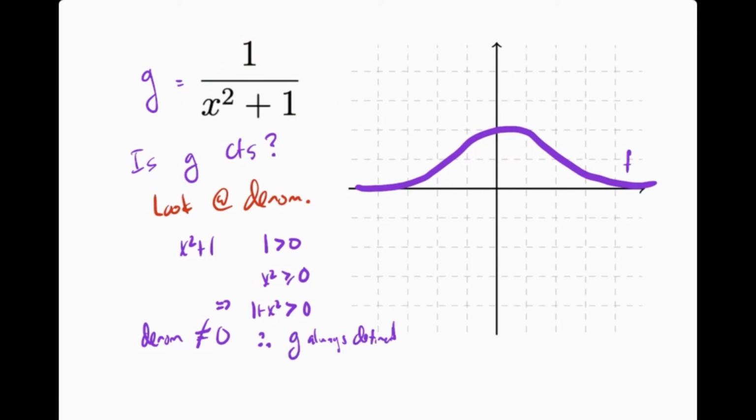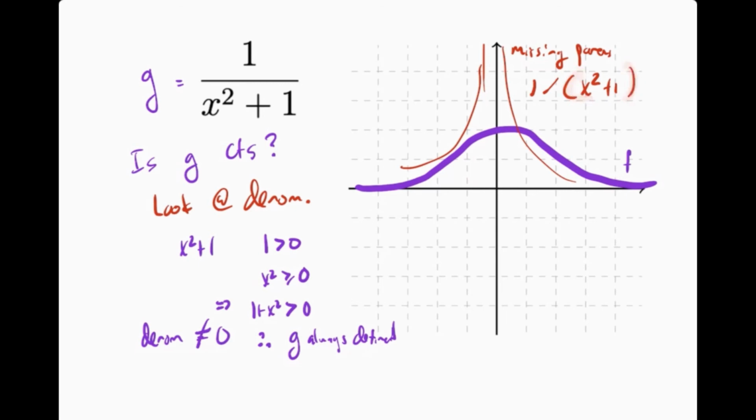If your plot looks like that, then you're incorrect and you're missing parentheses. So I want you to make sure that when you entered this, you entered it as 1 over x squared plus 1, that you actually got those parentheses.